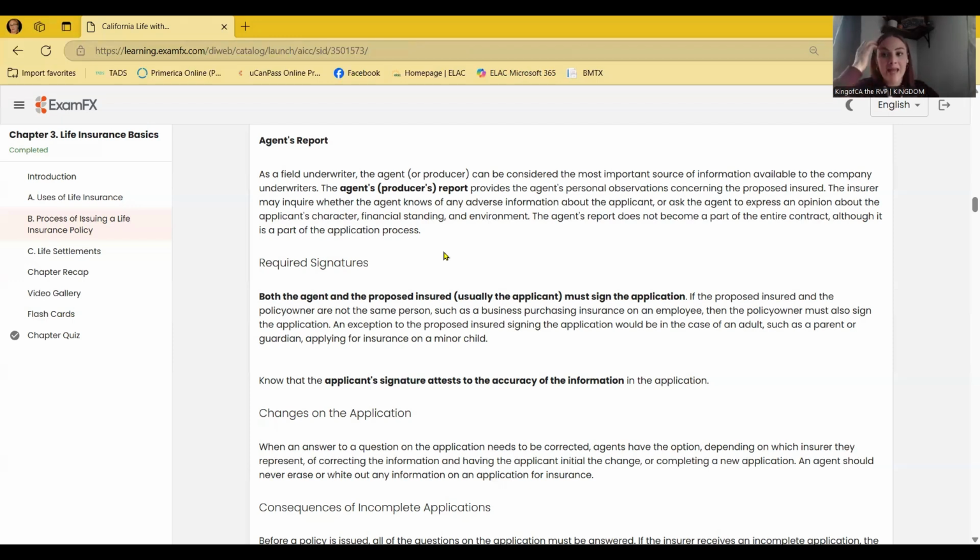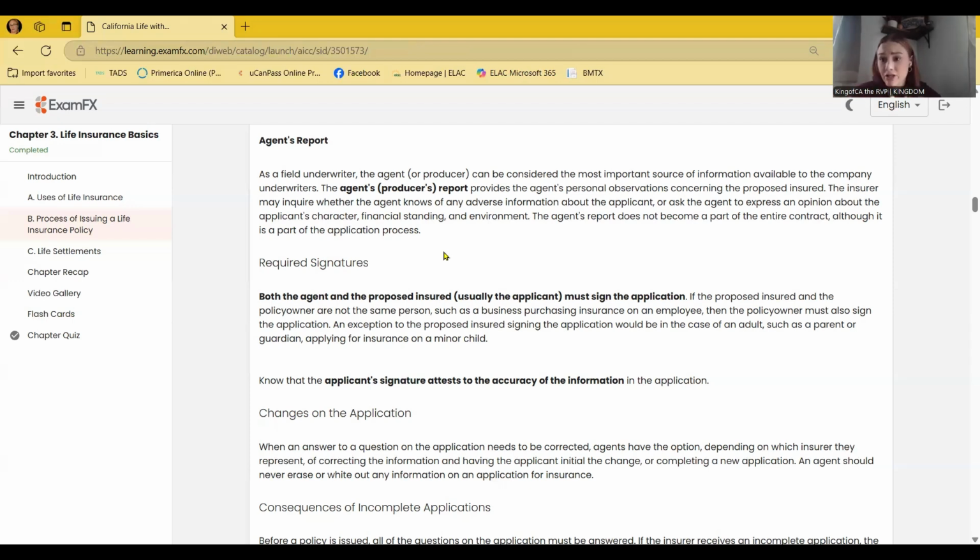We can't really, as agents, be like, are you sure about that? Are you sure about that? We can't really do that. We can do our best to press a little bit. But what we can do is use the agent's report to send vital information over to the insurance company. That way they have the same information that we have and they can take that into consideration when they're looking at approving or denying this client.